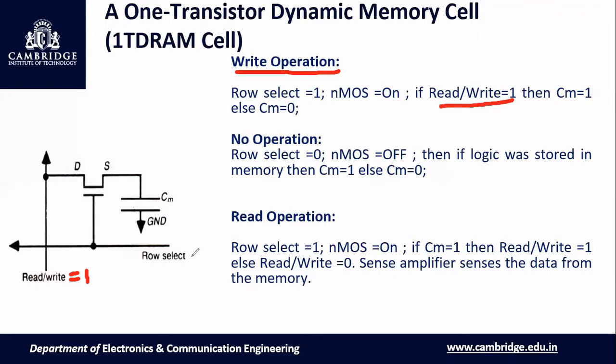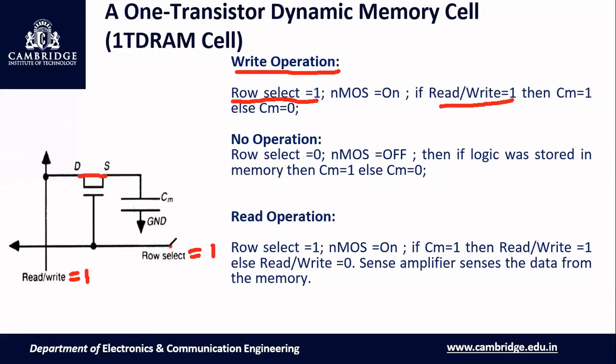Now I'll make row select 1 also. If row select is made 1, what will be the status of this NMOS transistor? It will be on or off? On. Good. So now this transistor will be on.